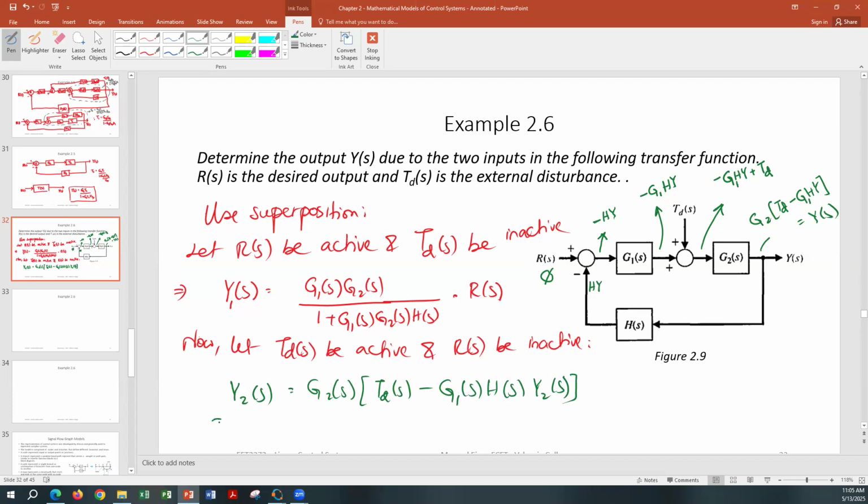And from that, I can bring the term with Y2 to the left side and combine it, because it's a common factor. So I'm going to get 1 plus G1(s) G2(s) H(s), when I bring this term; G2(s) is outside multiplying everything. And on the right-hand side, I have G2(s) TD(s).